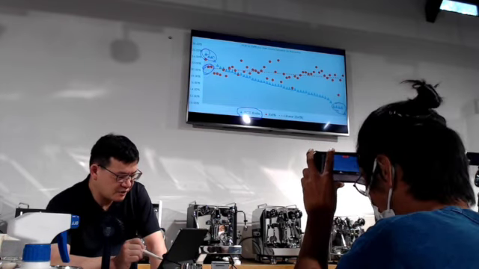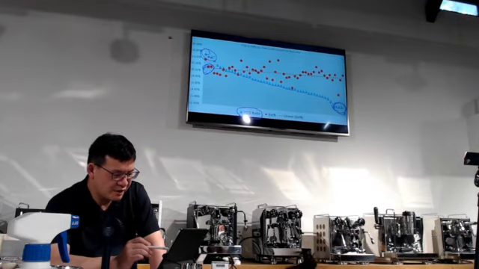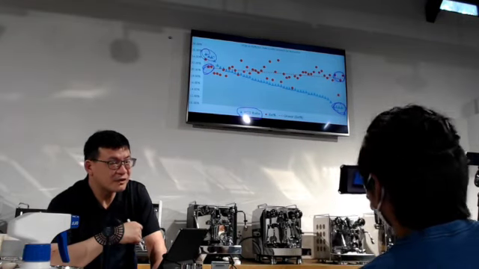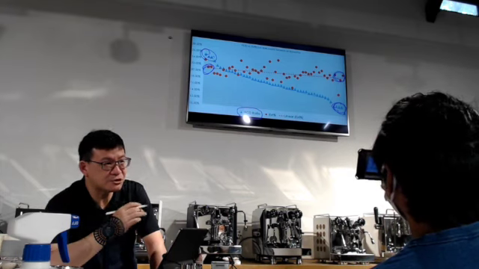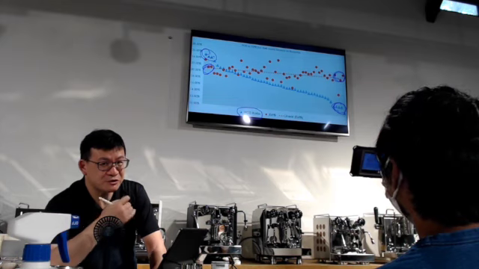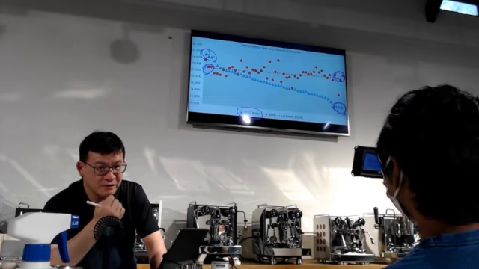Lower development time, you have higher extraction. Okay, because if the development is too much, the weight loss is too much. You don't have much soluble material to extract.